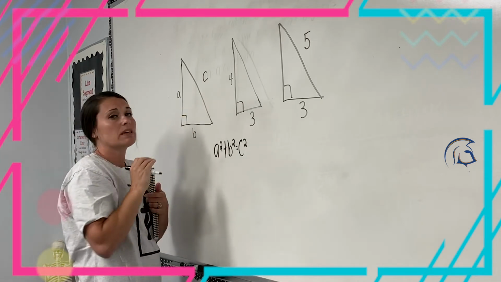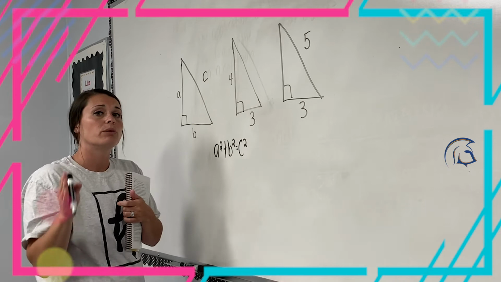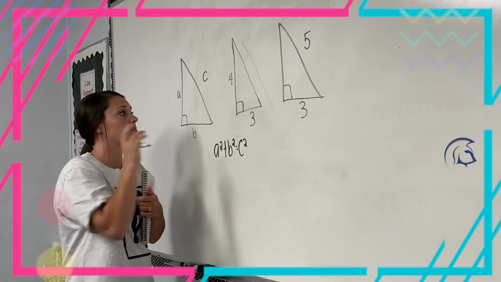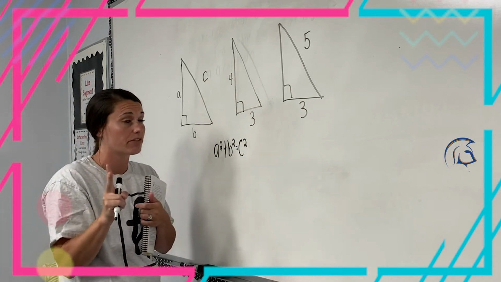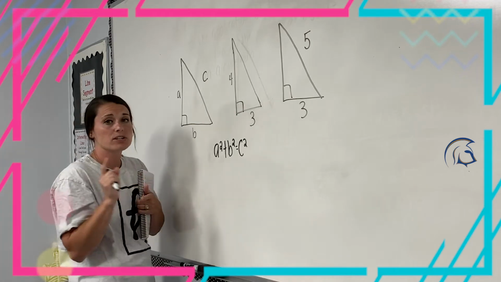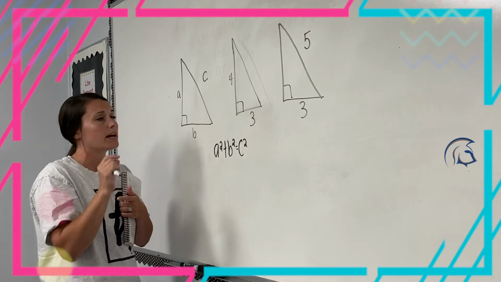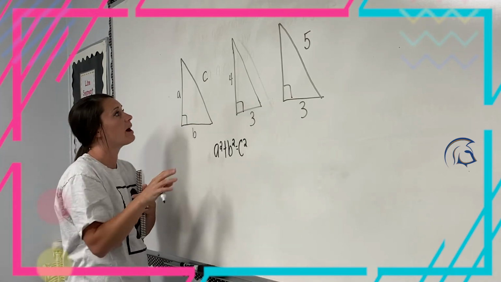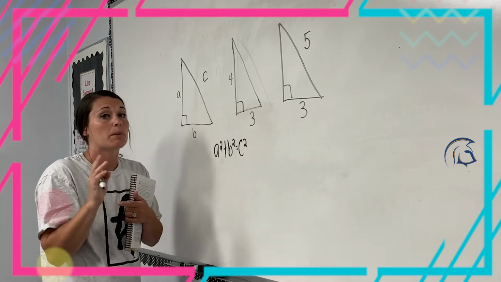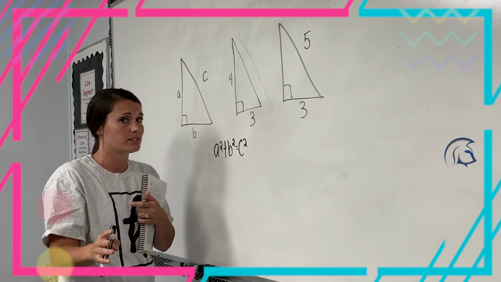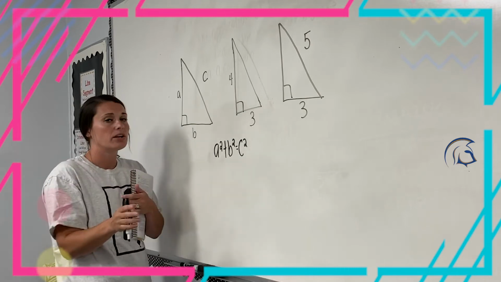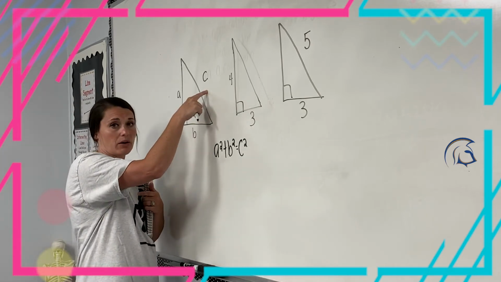And as with anything else that we do, you can solve for a missing side if you have two of three. But first, I want to make sure that you realize how to pick out the hypotenuse, okay? We've talked about this several times. The hypotenuse is opposite the right angle.